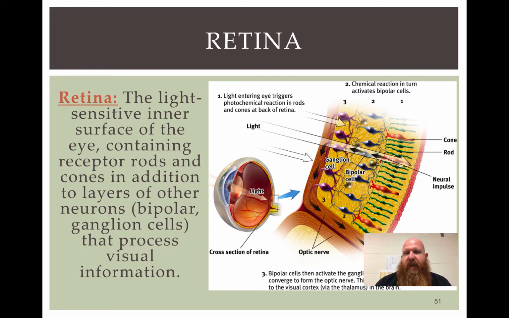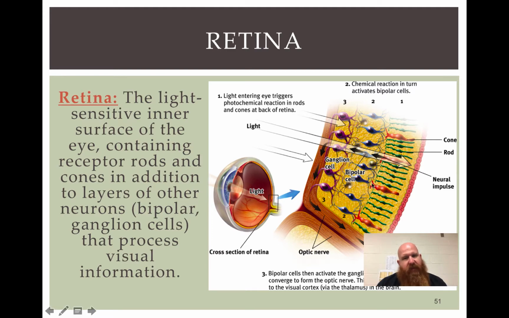A chemical reaction, phototransduction, then occurs, which is the changing from a mechanical energy stimulus to a neural stimulus. Light hits the rods and cones, and the rods and cones then talk to bipolar cells, which then activate the ganglion cells.